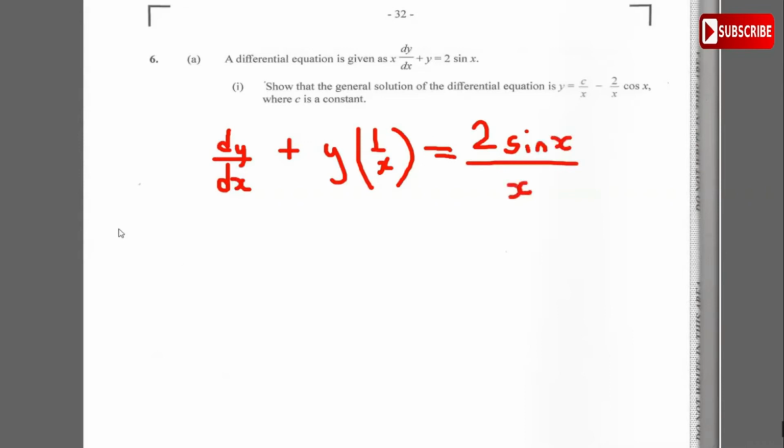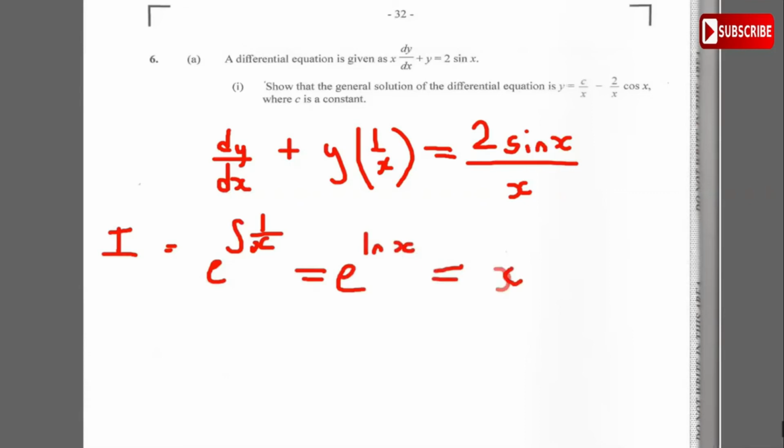Your integrating factor I is equal to e to the integral of 1 over x. When you integrate 1 over x, you get ln x, so it's e to the ln x, which is just x. Nice.